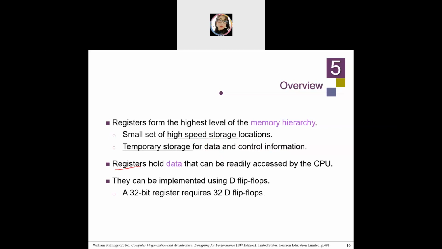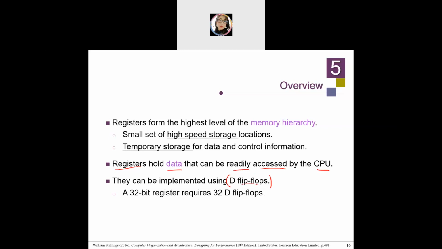Registers hold data that can be readily accessed by the CPU. They can be implemented using D flip-flops. So this is called information correlation between your COA and your digital logic subject about D flip-flop.